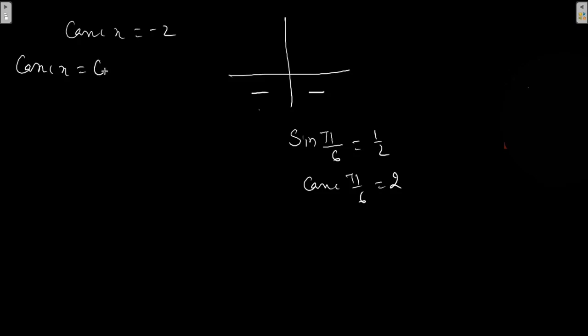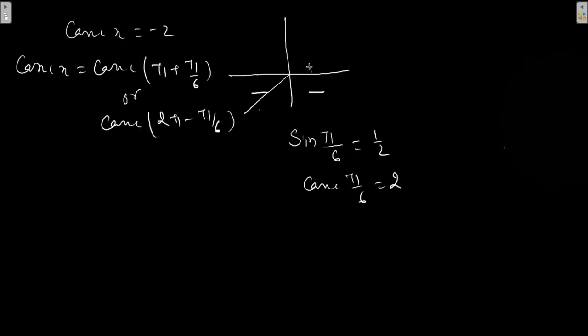So my principal solution will be cosec of pi plus pi by 6. Why did I do pi plus pi by 6? Because it has to be in this quadrant, and cosec of pi plus pi by 6 will return me cosec pi by 6 with a negative sign in this quadrant. The second one would be cosec of 2 pi minus pi by 6. So I just went the full circle and came back pi by 6.